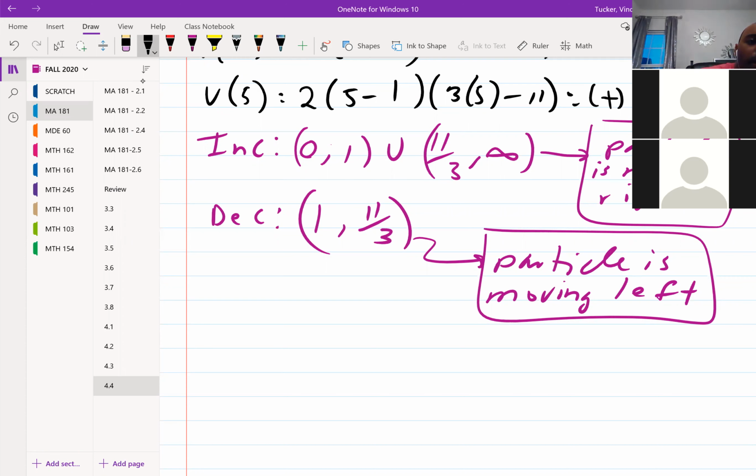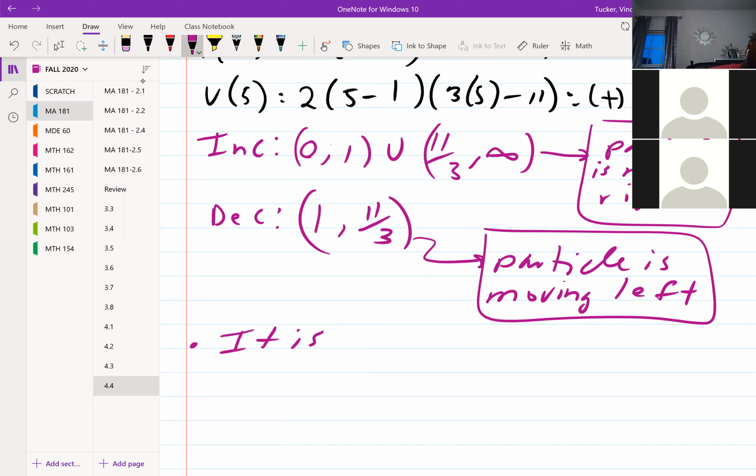Then it says it has a momentary, what's a point of rest? Let's see a good word for it. They say it better than I do.